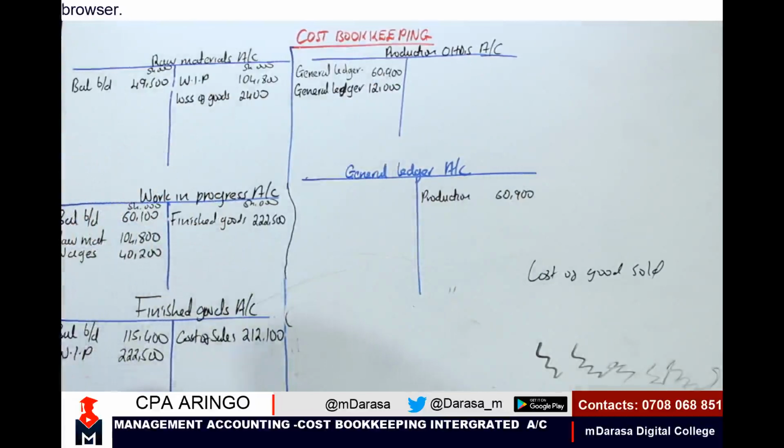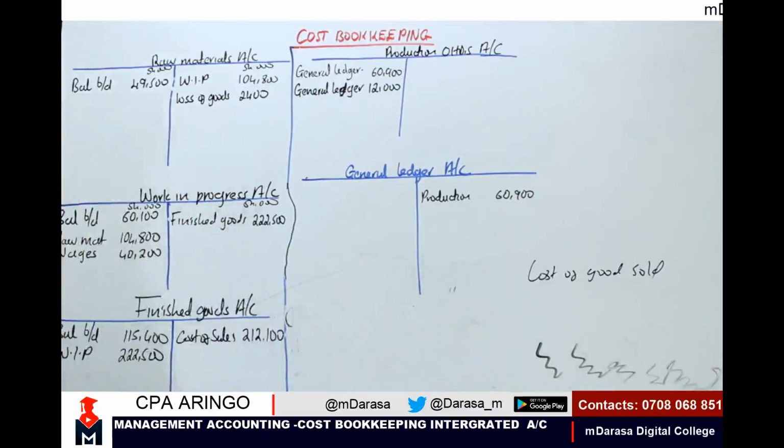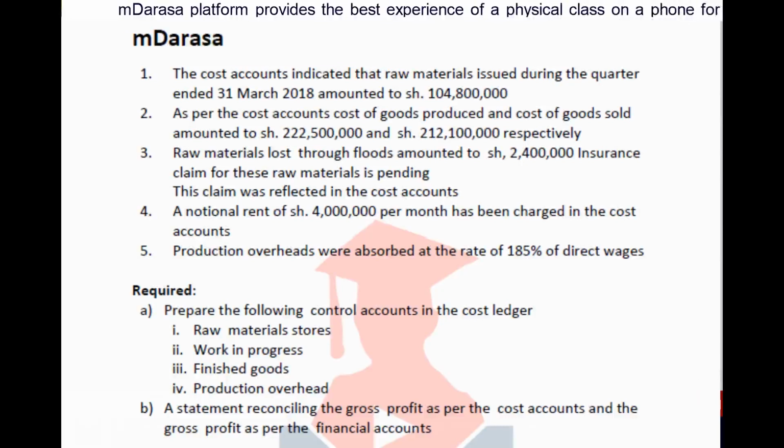The next transaction given here, we are told that production overheads were absorbed at the rate of 185% of direct wages.